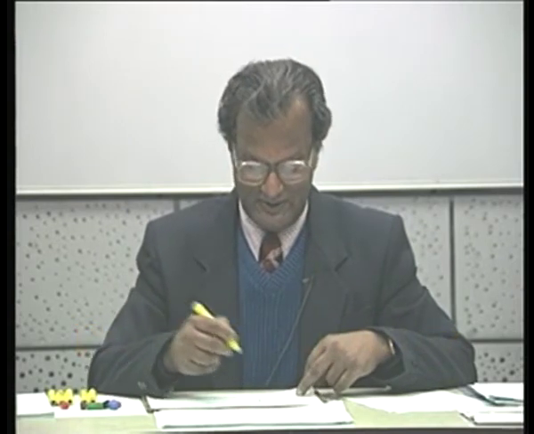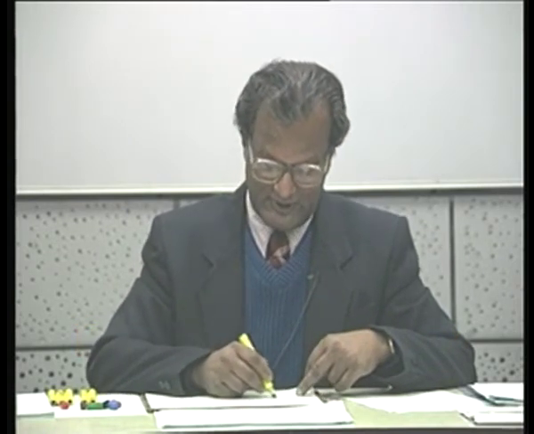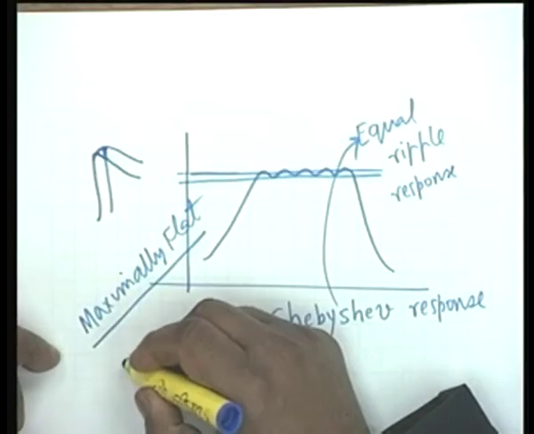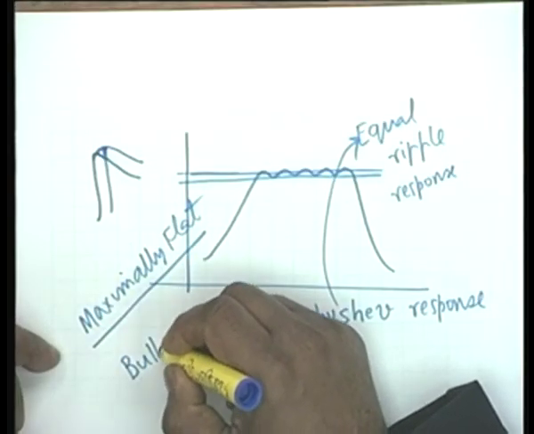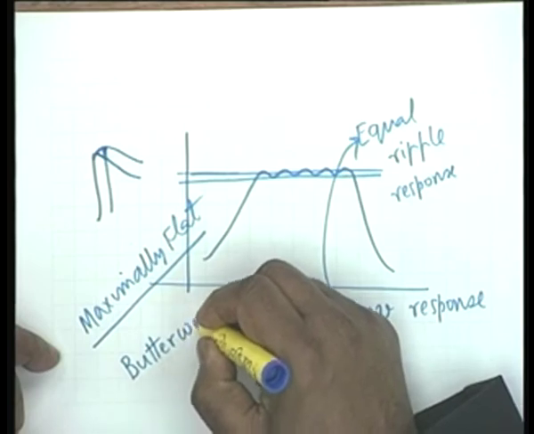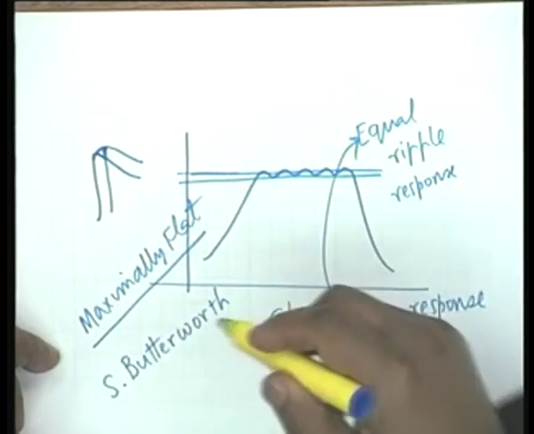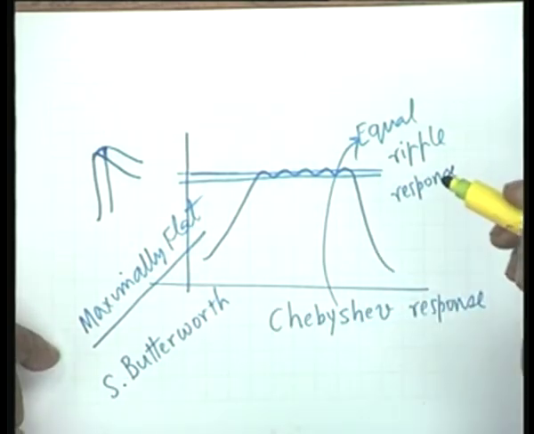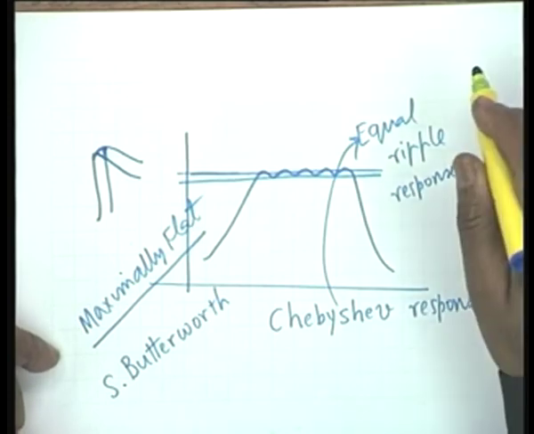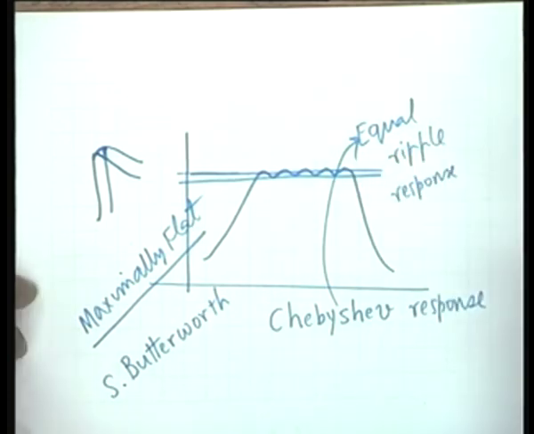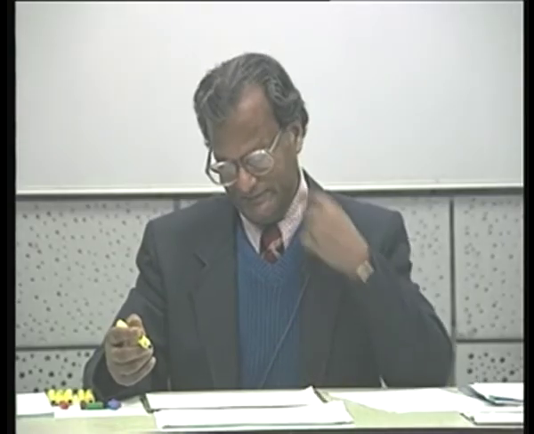We will come to such responses at the end of the course, but let it be known to you that maximally flat is associated with the name of an English mathematician by the name Butterworth. These two kinds of responses, Butterworth filters and Chebyshev filters, are very popular with electrical engineers, and I wanted to introduce them to you right at this stage.